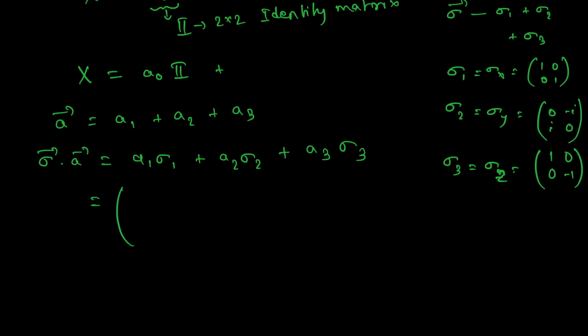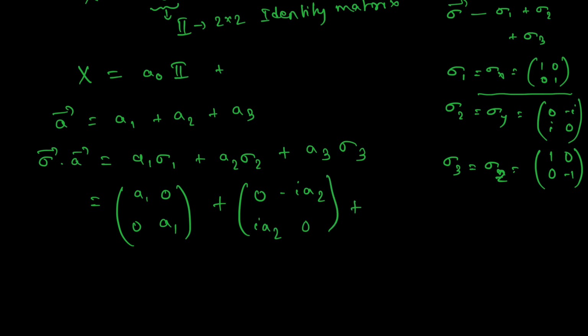We have sigma 1 as 1 0 0 1, so we get A1 0 0 A1, plus 0 minus iA2, iA2 0, plus A3 0 0 minus A3, right?